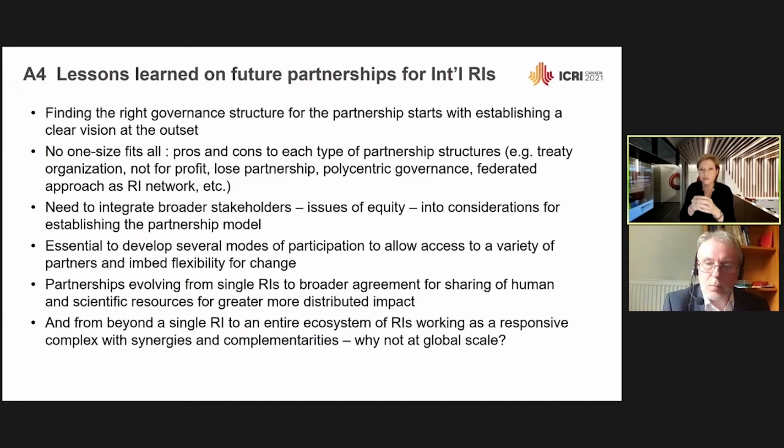That could evolve to include multiple research infrastructures, so that we start looking at the big picture of the portfolio and capitalize on complementary strengths to maximize the impact and value of our infrastructure, given all the pressures on each nation's budget.